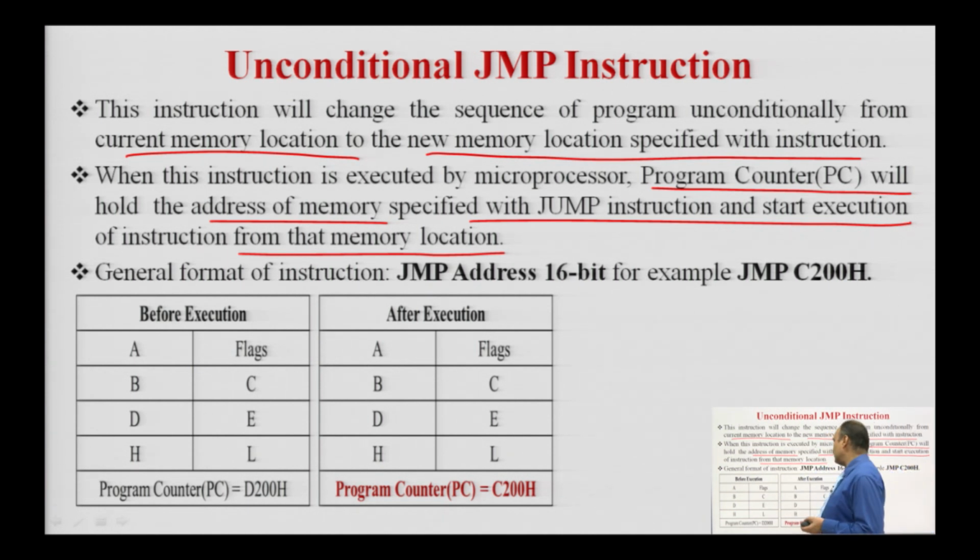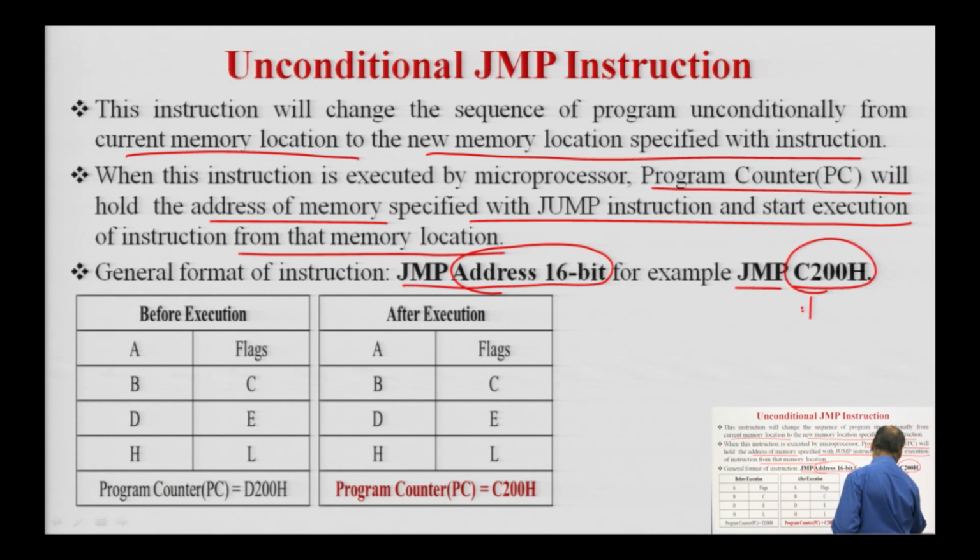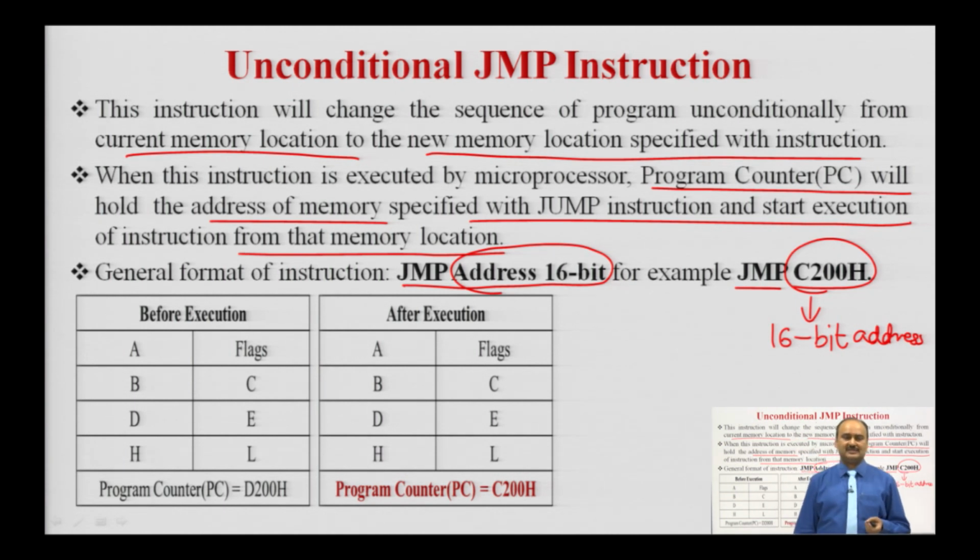The general format of the instruction is JMP followed by a 16-bit address. Here the example is JMP C200H. C200H is nothing but the 16-bit address which is specified with this jump instruction.